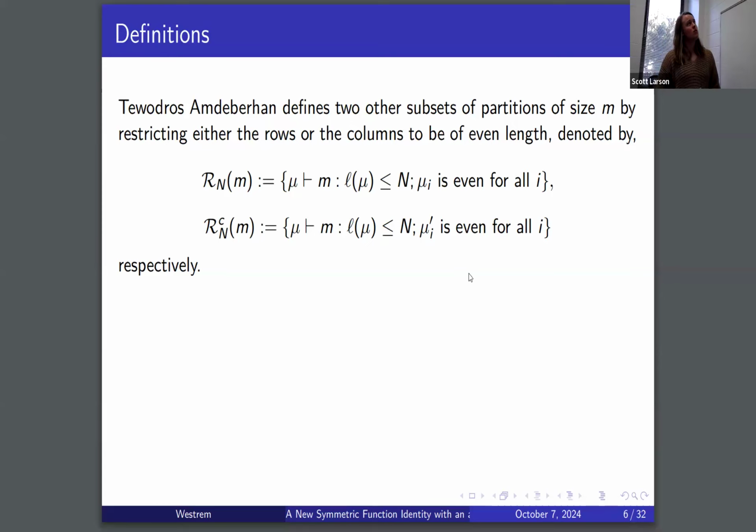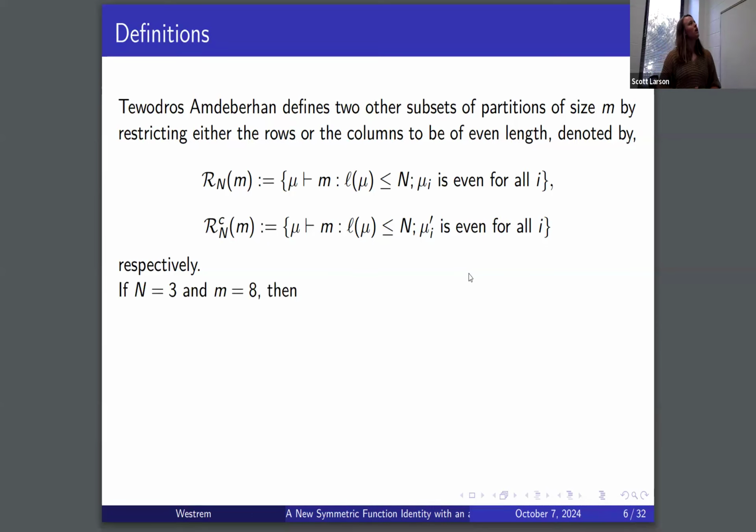For r sub N of m, that means every row has to be of even length. Now, if we add a c on the top there, we're referring to the columns being of even length. So we have 2 other subsets of partitions.